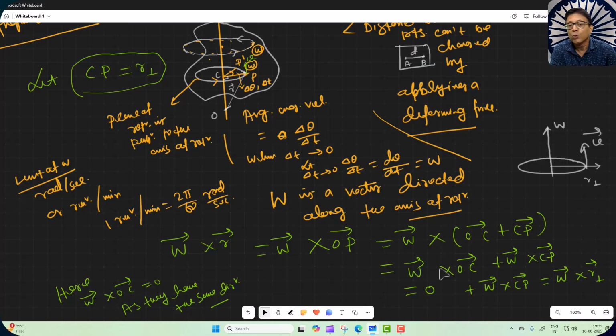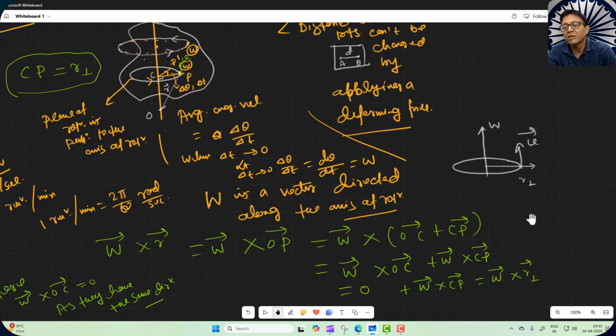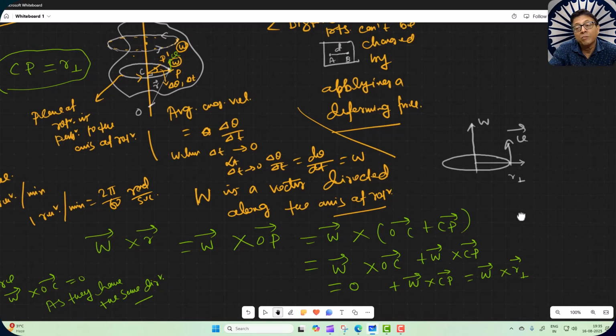No. Omega has to be directed along the axis of rotation always, because this is describing a circular path, and in a circular path, velocity is in the tangential direction.